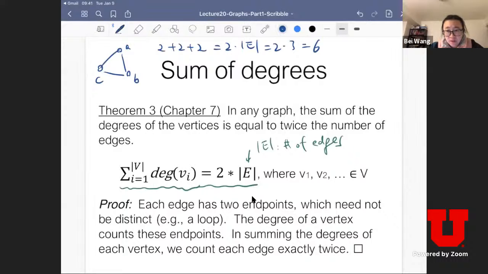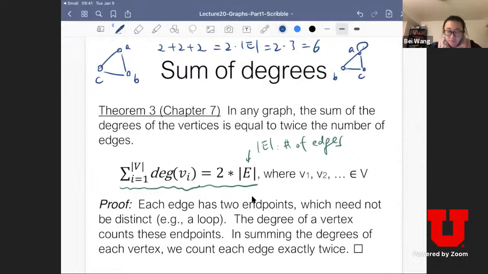But now this theorem actually applies to any graph. So how do we prove it? The proof is really the 4 lines showed before. So actually, let's double check this as well. If I have a self-loop for this graph, what's going to happen?